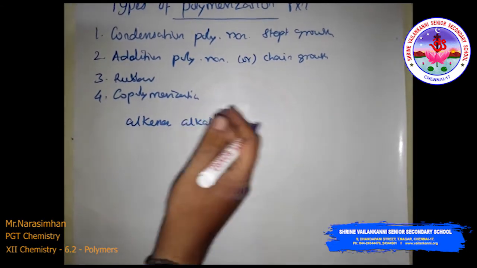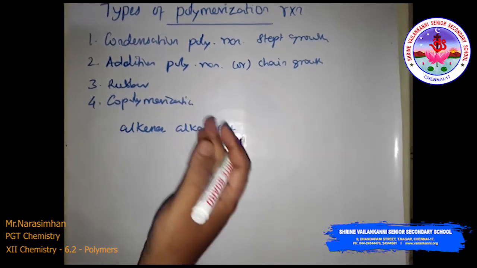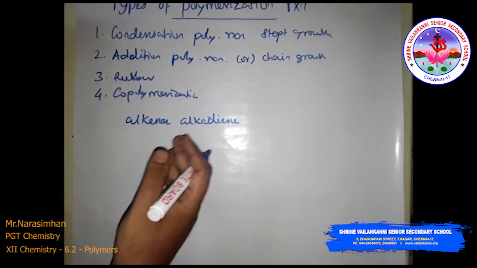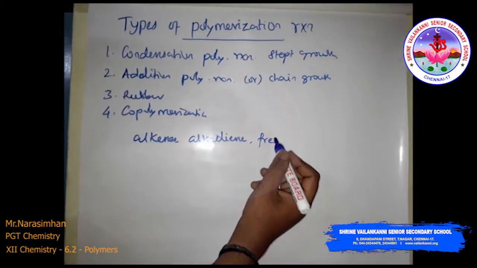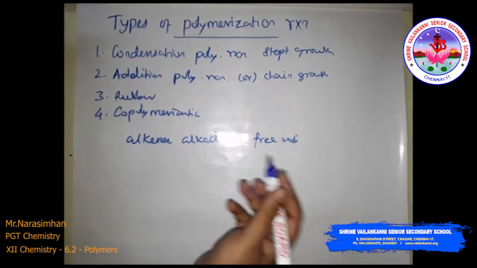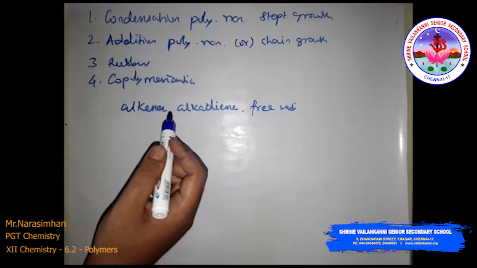So this mode of polymerization leads to an increase in the chain length, or chain growth. It proceeds either by a free radical or by ionic species, whatever it is. This is called the addition polymerization reaction mechanism.